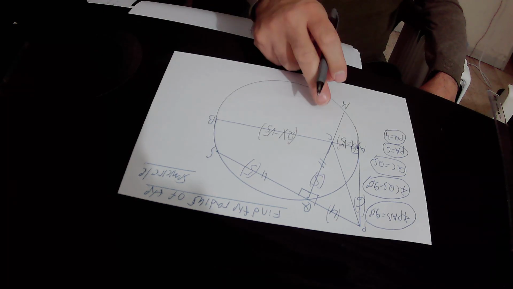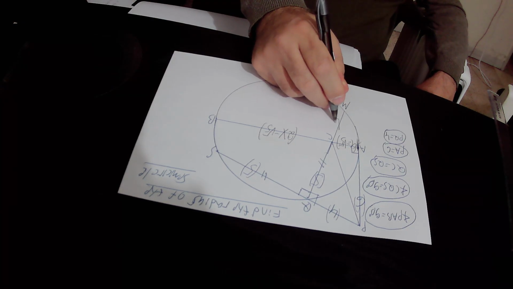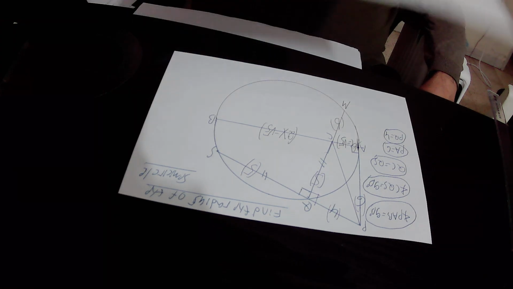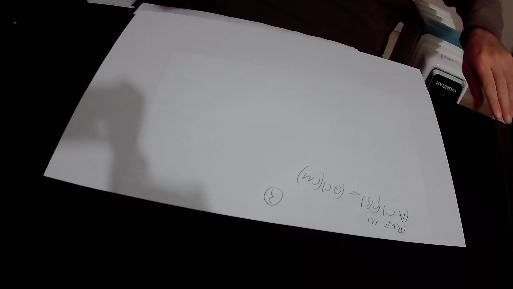Here we define the length of line segment CM as b. Repeat again, according to rule number 11, we get that AC times CB equals QC times CM.